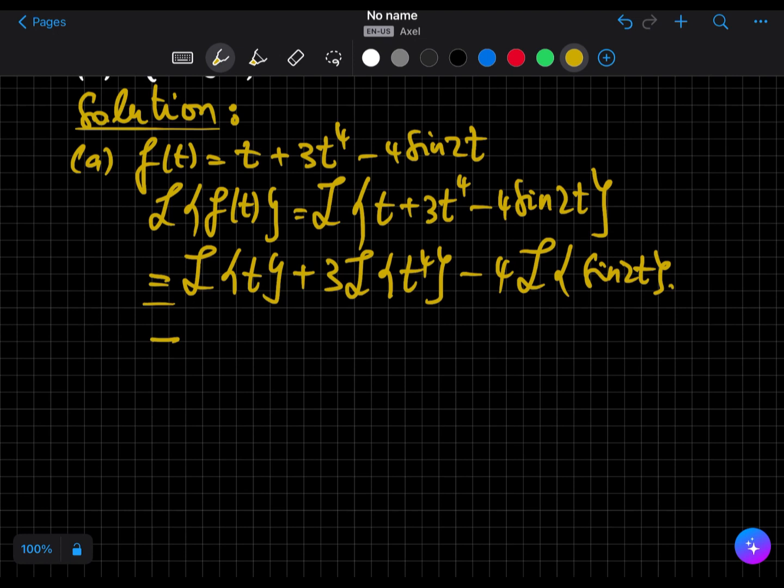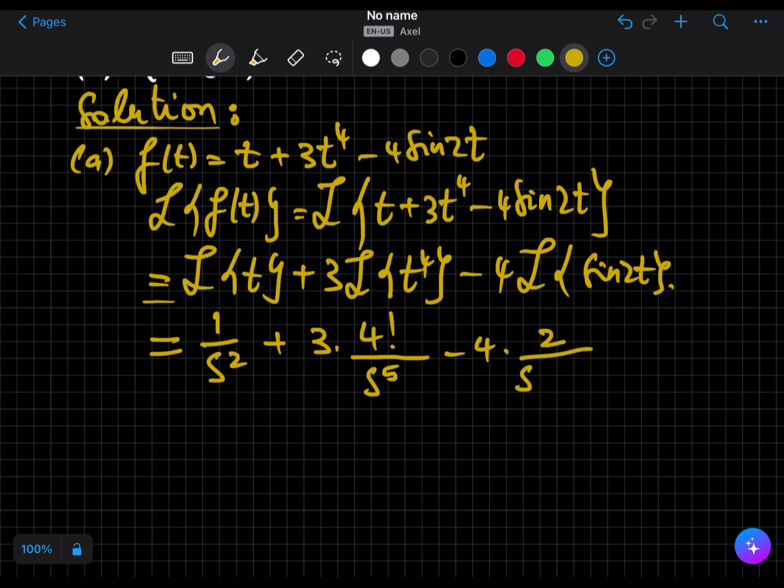And then using the Laplace transform table, we know that the Laplace transform of t is 1 over s squared, plus 3 times the Laplace transform of t to the power 4, which is 4 factorial over s to the power 5, minus 4 times the Laplace transform of sine 2t, which is 2 over s squared plus 4.